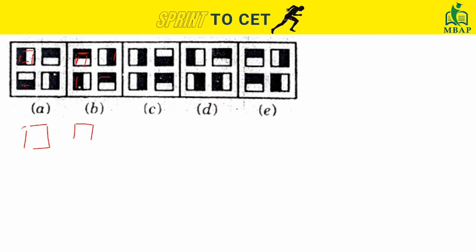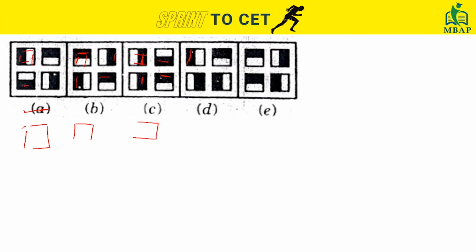Let's look at the third option. In the third option, it is coming here, then second over here, then third here, and fourth again here. So in the third one also, the square is not being completed. I think option A will be the odd man out, but let's see whether it is happening in option 4 as well.